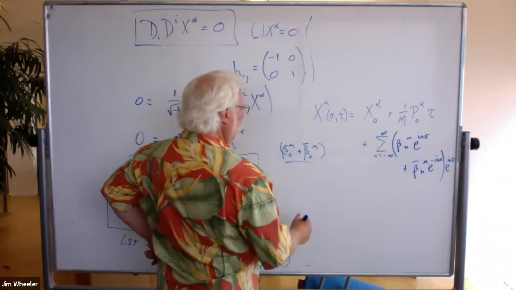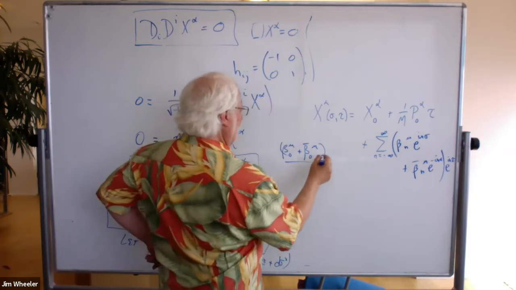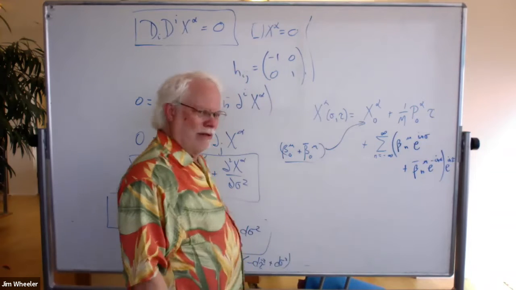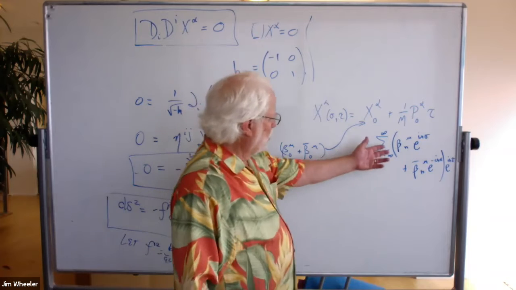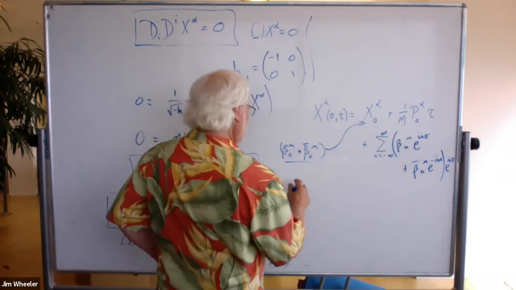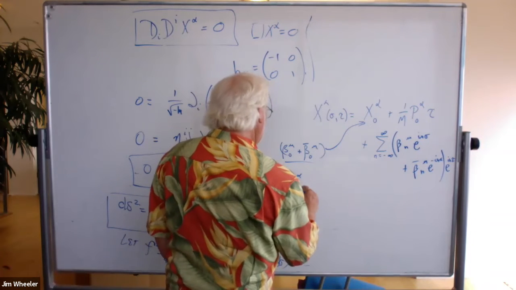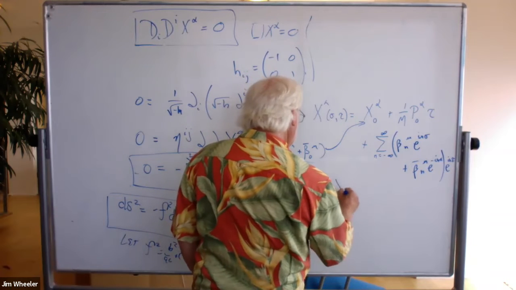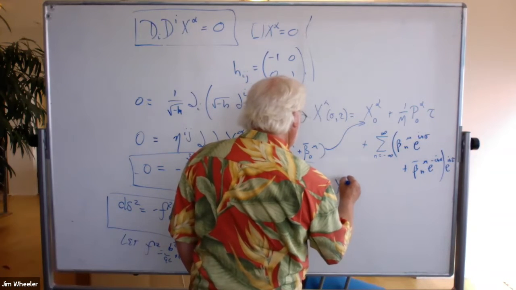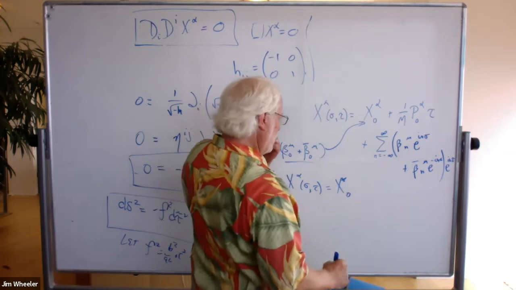This is just some real number. So I can add that into the initial position. So let's handle the 0 mode just by shifting the initial position. So I can write x of sigma and tau as some new initial position, and now I've handled the 0.